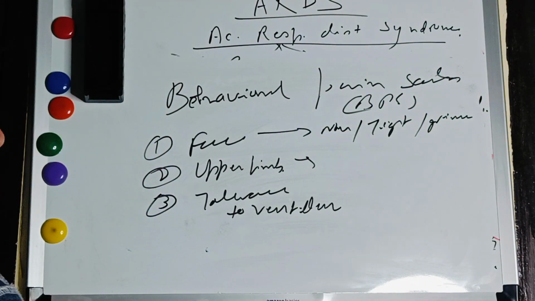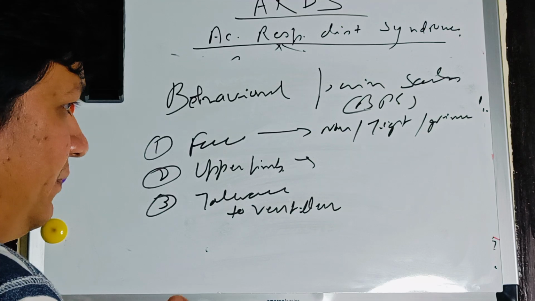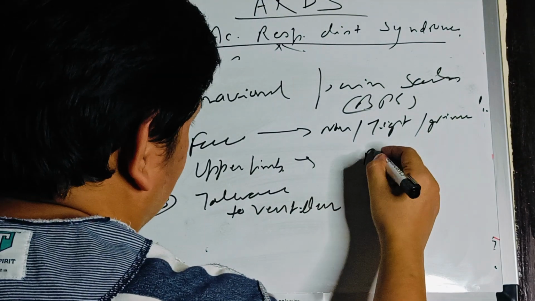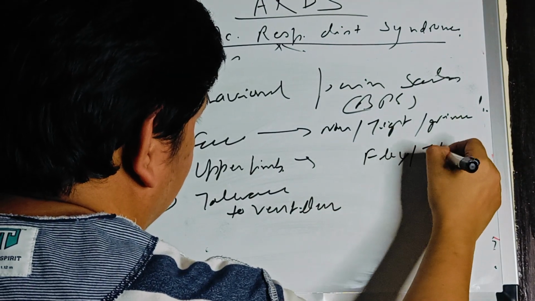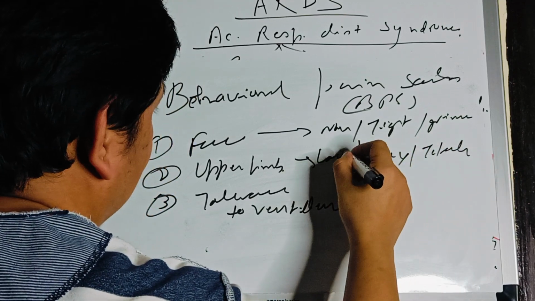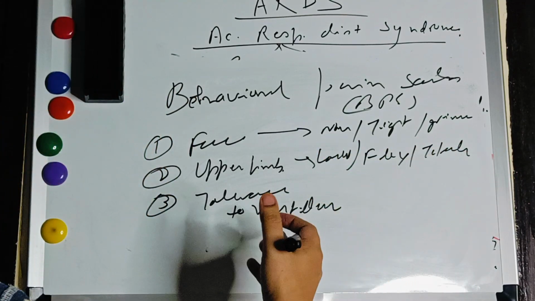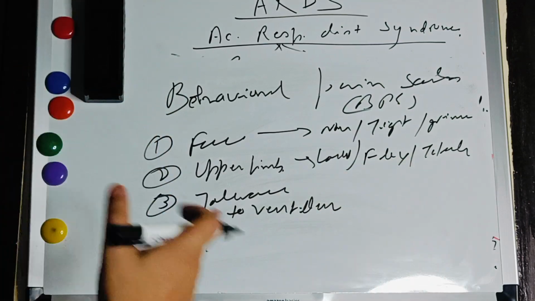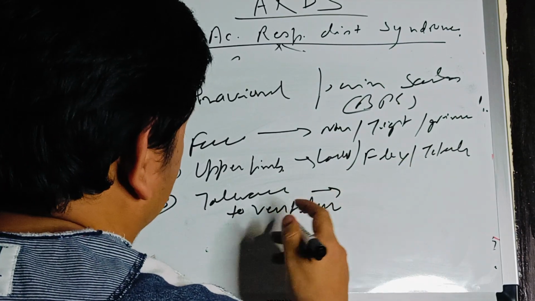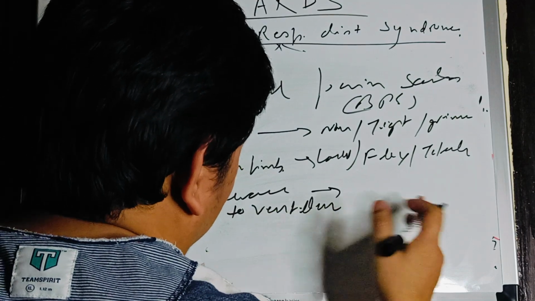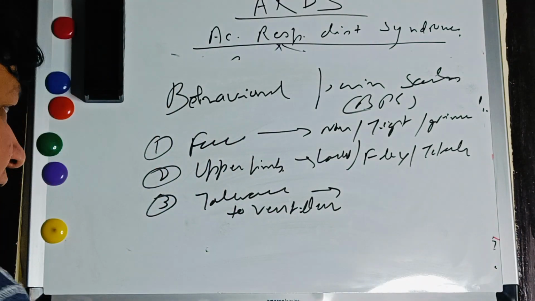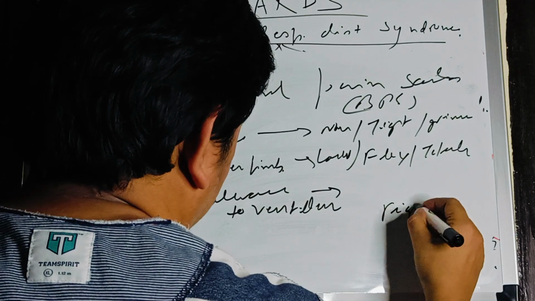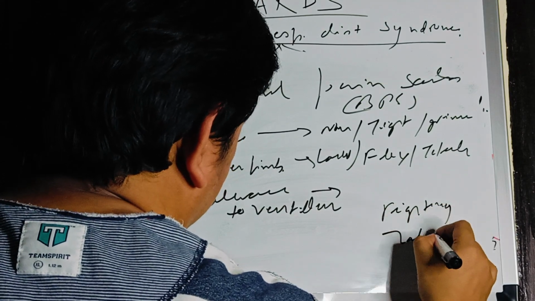Similarly, upper limb movement: flexion, totally retracted, localizing. Similarly, these are the various criteria. We can go ahead with the proper details through Google. And tolerance to ventilator: patient is getting fatigued or fighting, tolerating.